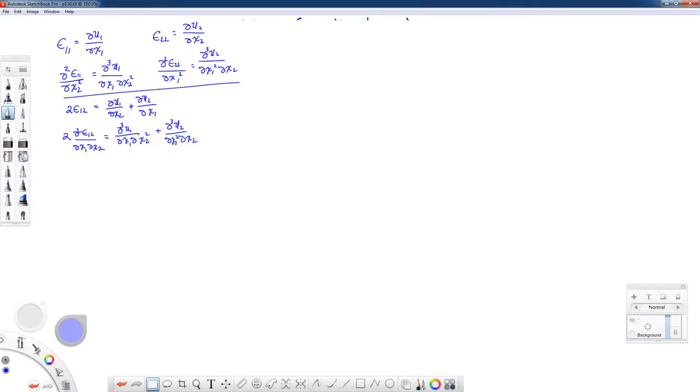Okay, let me make a little bit of room here. And so if we look at this, we've got second partials of epsilon 1,2 with respect to x1 and x2. We have a third partial of u1 with respect to x1 and x2 twice.